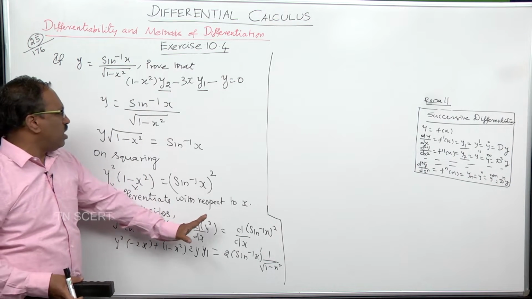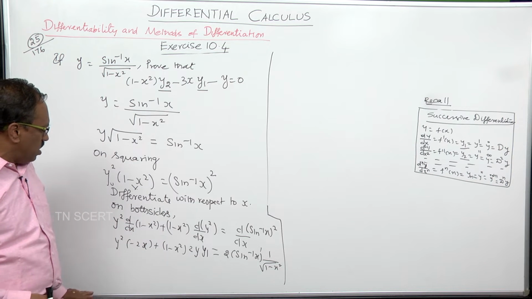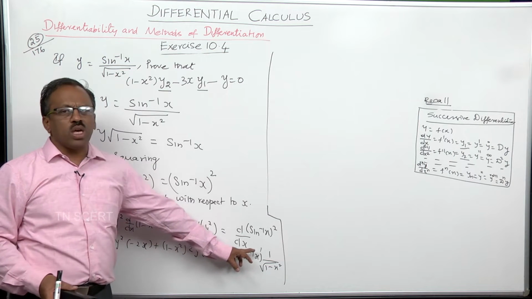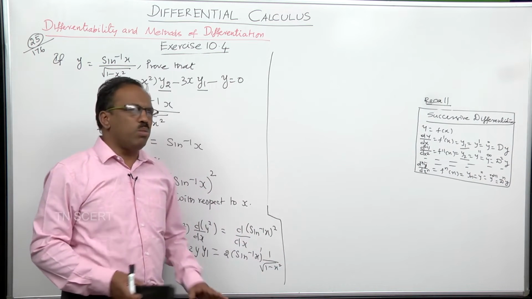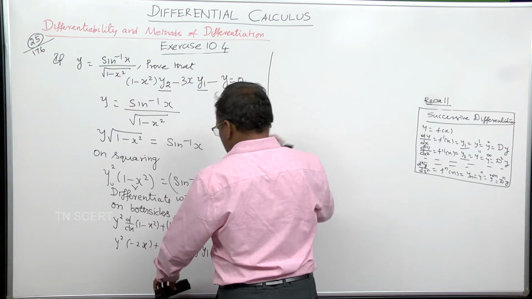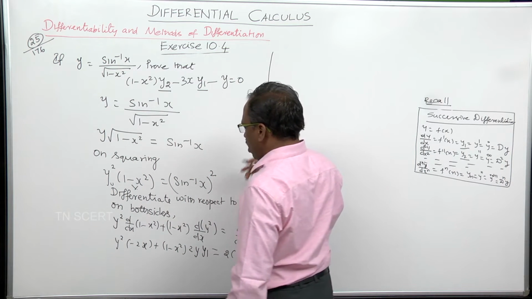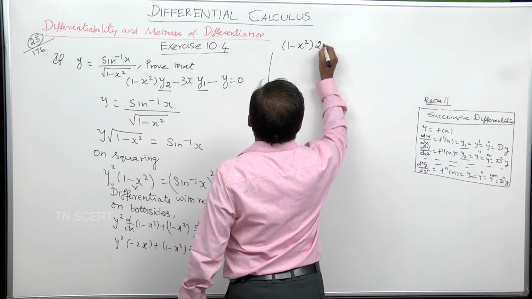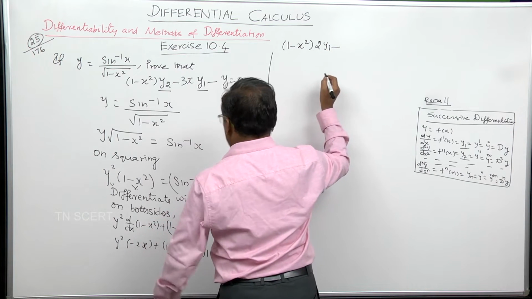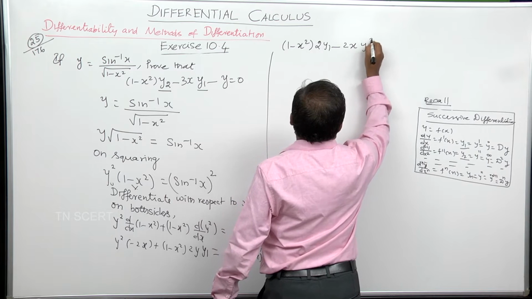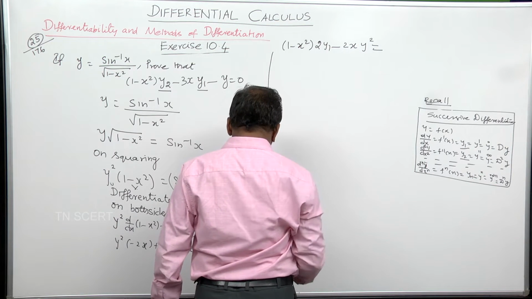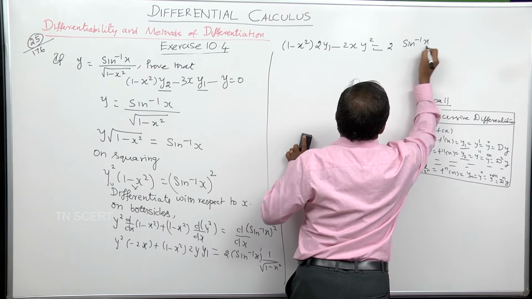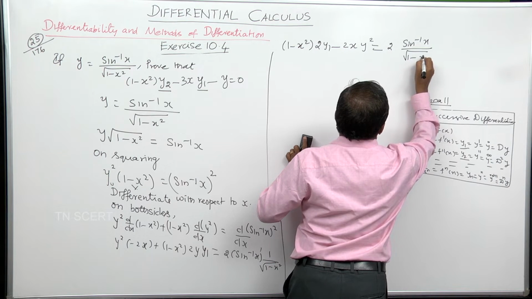See what I have written here, very simple for your reference. Y square minus 2x, 1 minus x square, 2y y1, 2 sin inverse x. Sin inverse x differentiation is 1 by this. Here we write in order, that is nothing but 1 minus x square 2y y1 minus 2x y square equal to 2 into sin inverse x by root of 1 minus x square.